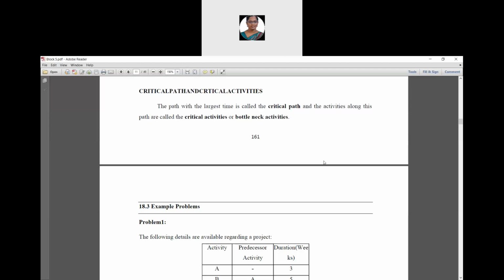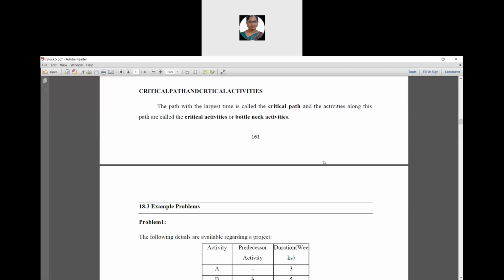And the last assumption for CPM is that project control should focus on the critical path. So these are all the assumptions you should know.